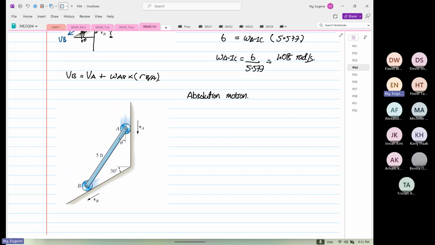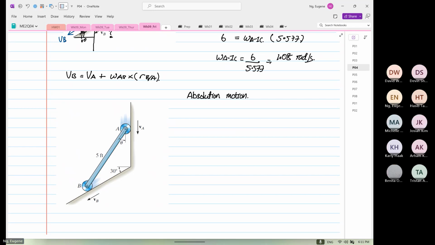If you look at this problem, at point A and point D, how do we relate motion at point A to point B?